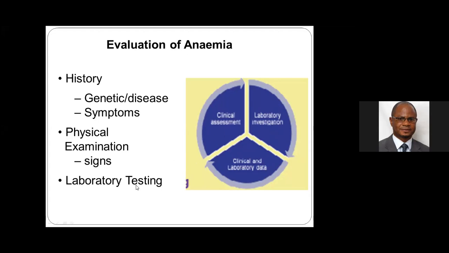Then we have the laboratory testing. When we have done the laboratory test or investigation, you combine the clinical history and the laboratory data, and then you determine the anemia. So clinical assessment, followed by laboratory investigation, followed by the combination of the two, we arrive at a diagnosis of anemia. This is indicative of the importance of medical laboratory science in this situation.